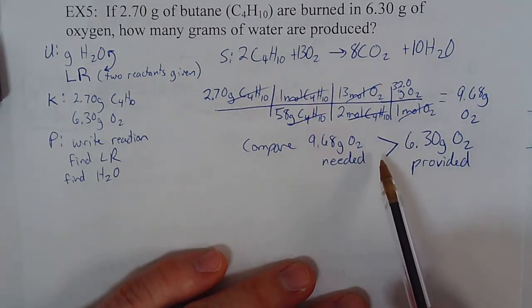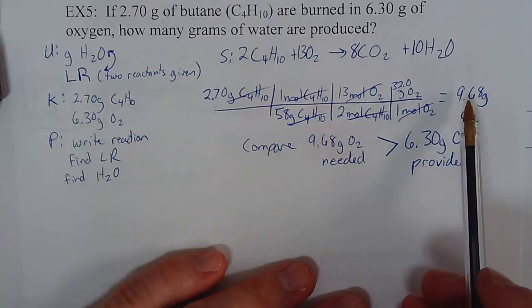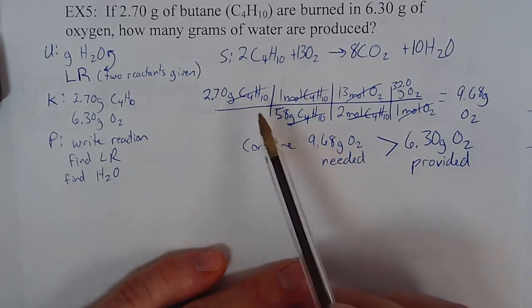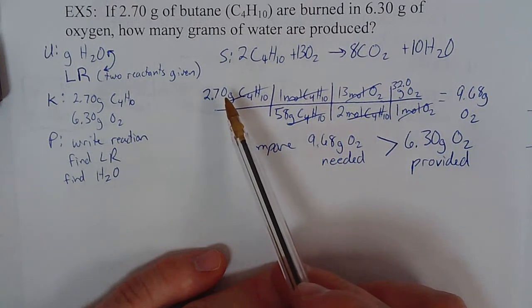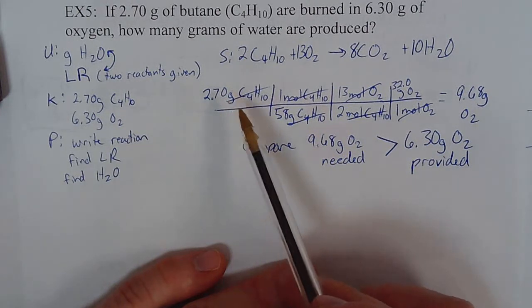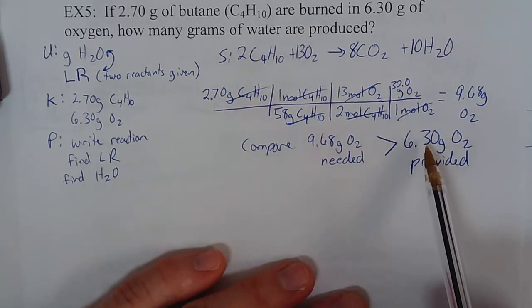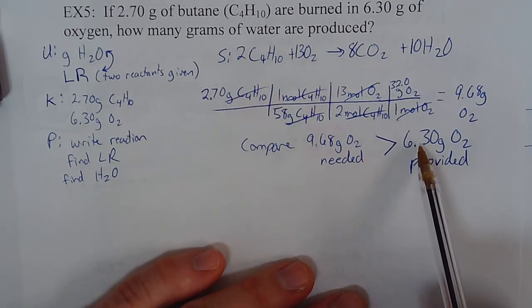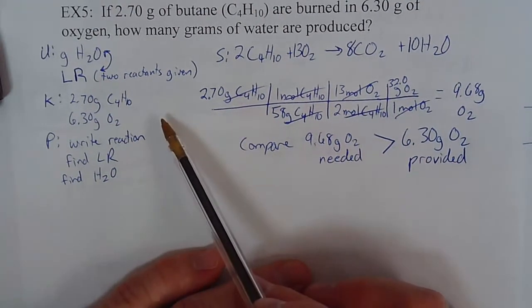It's going to be the hardest thing. We calculated that we needed 9.68 grams of oxygen to go with the 2.70 grams of butane. But we only are provided 6.30. What does that mean? That means you don't have enough. The oxygen is going to run out first.